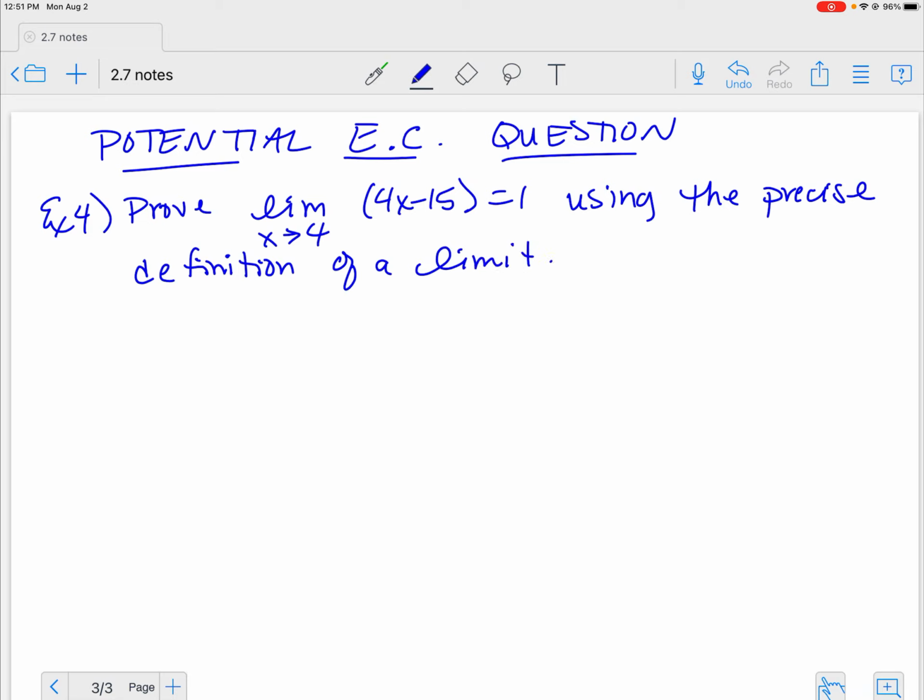The precise definition of a limit is the epsilon delta definition. So sometimes it is called that. All right. Just depends on who you're talking to, what book it is, all that kind of stuff.